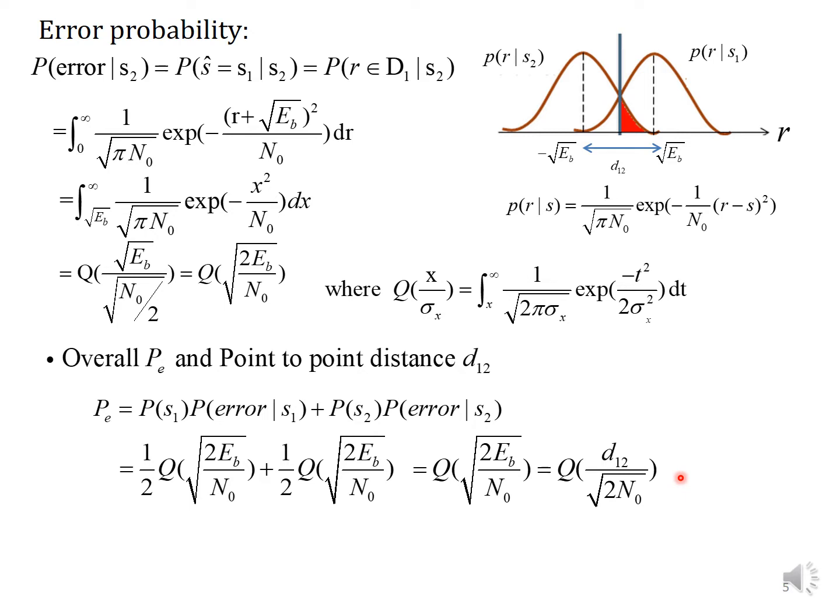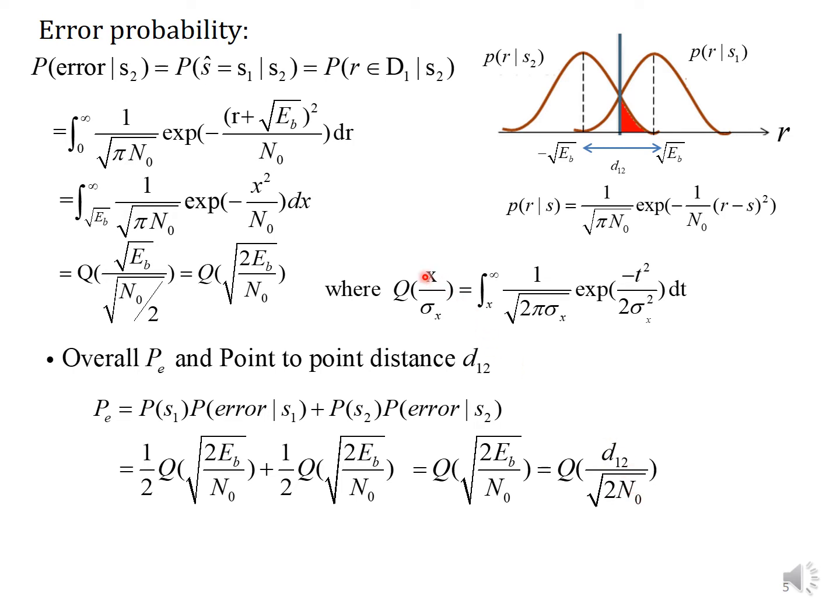You can see that the larger the distance of separation between S1 and S2, the smaller the error probability, because this argument represents where the integral starts.